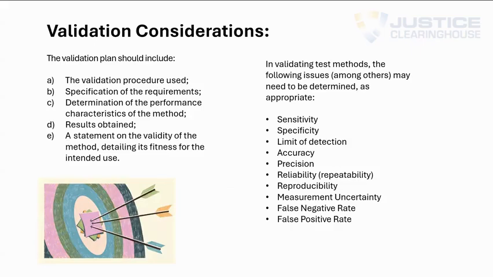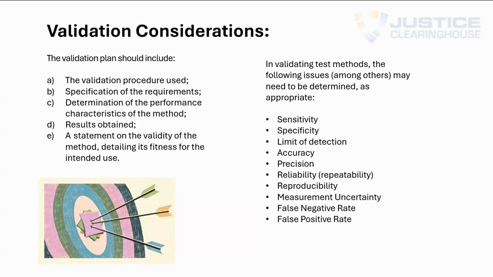So, things to consider with the validation? ISO has a list, A through E, of things that need to be included in your validation plan: the validation procedures used, specifications of the requirements, determination of the performance characteristics of the method, results obtained, and a statement of the validity of the method detailing its fitness for the intended use.